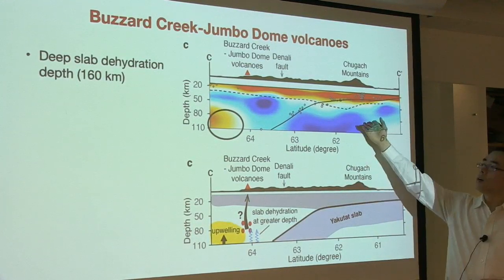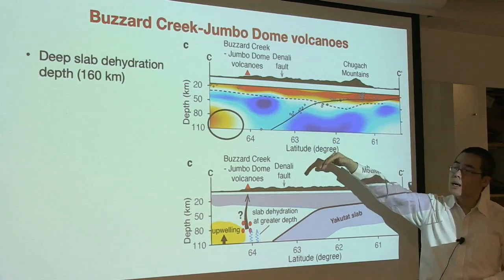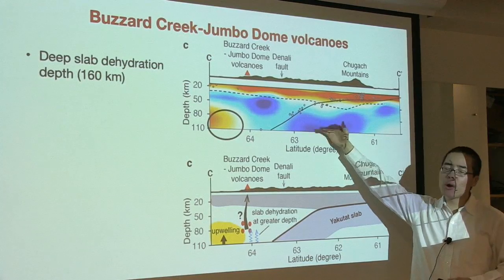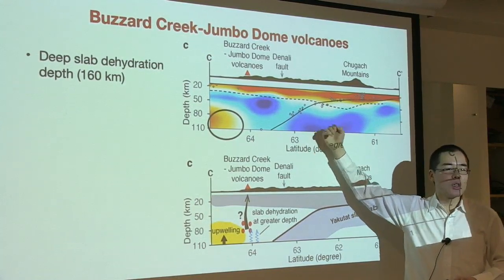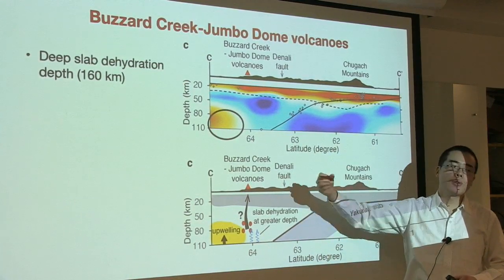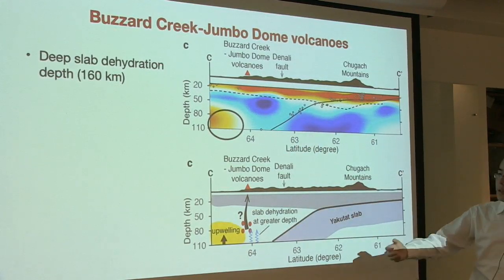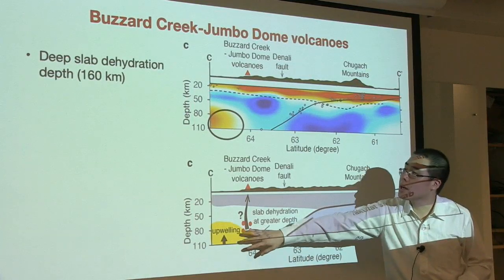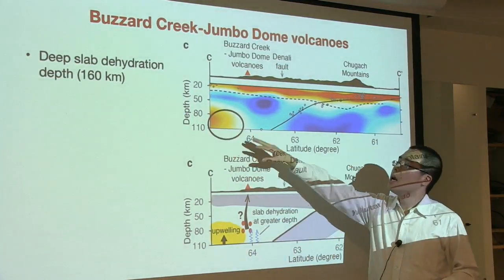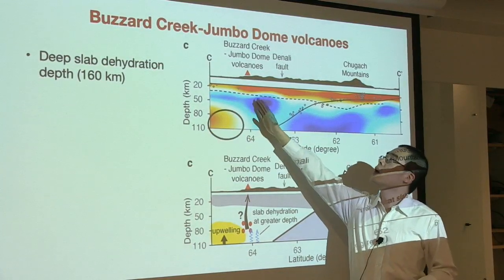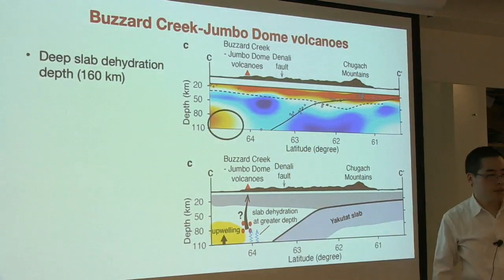If you have a deeper slab beneath the volcanoes, sometimes it means the slab is probably colder, or it needs to go deeper in order to dehydrate and generate a melt. And another contribution of melt is probably the upwelling here. We see the low velocity here, and different from the Aleutian part, this is actually pretty close to our volcanic front.